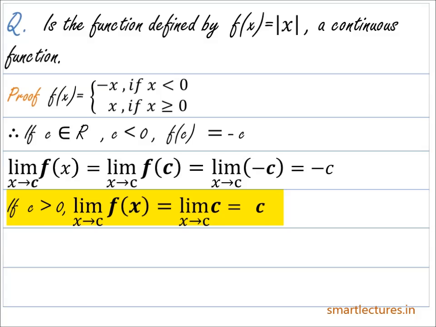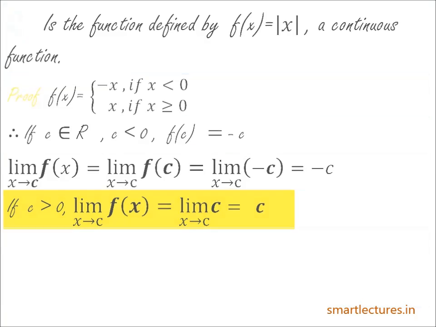So now we have proved that if c is less than 0, then the value of the function is equal to the limit of the function at the point c, and also if c is greater than 0, then again the value of the function f of c is equal to the limit of the function at point c.